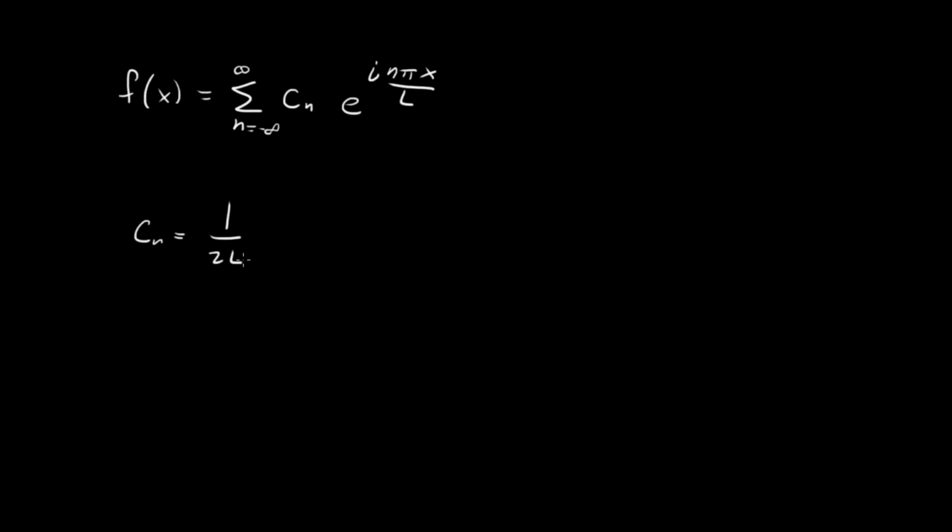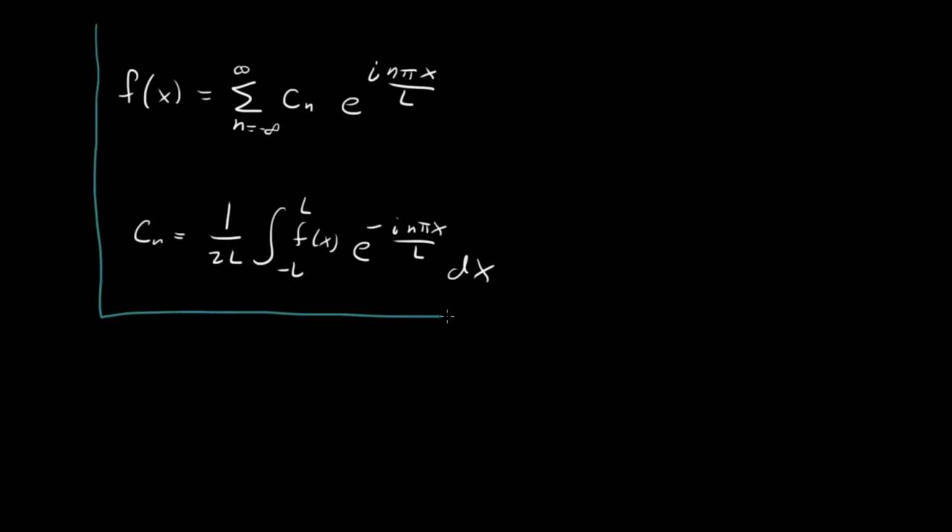And the c_n's are going to be 1 over 2L, integral minus L to L, f of x, e to the minus i n pi x over L, dx. Perfect. So we've done it. For both our sine and cosine Fourier series and our complex exponential series, we've generalized them to be on some arbitrary interval minus L to L.